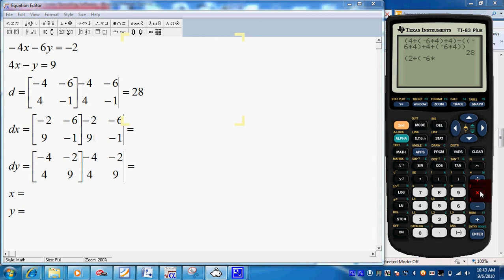Then you put a plus negative 2 times negative 1, which is a positive 2.